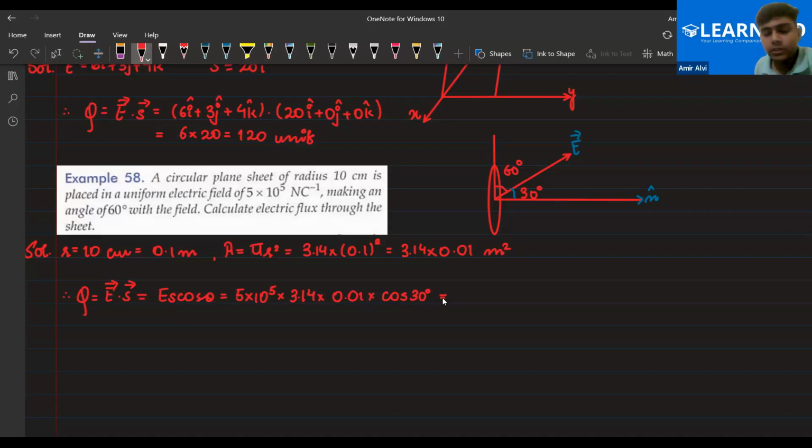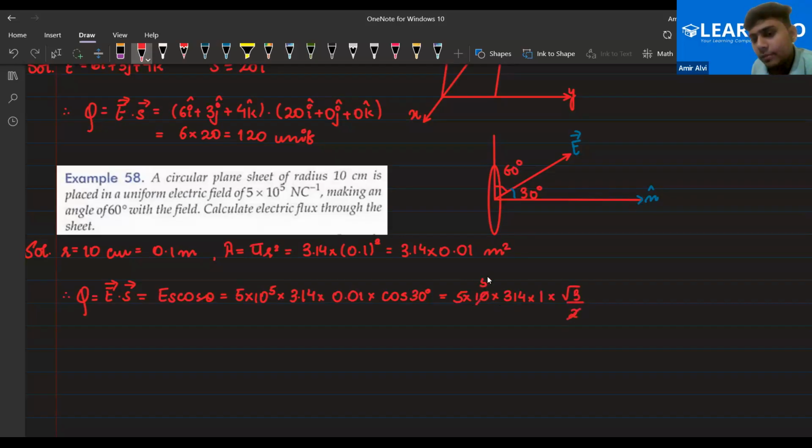Okay. So substitute. What is the value of cos 30, Abhyas? Could you please tell me? Cos 30 is root 3 by 2. Okay. So you can see, Abhyas, two decimals are there and two more decimals are there. That means if you multiply these values, 10 to the power 4 will get cancelled out. Yes or no, Abhyas? Because two decimals and two more, 4 decimals ultimately. So 10 to the power 4 will get cancelled. What is left? 5 into 10 into 314 into 1 into root 3 by 2.